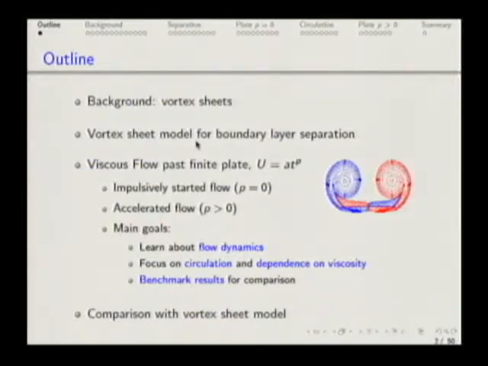That has not been computed in the literature with the detail at early times as we're doing it here. Then I'll study the dependence of the solution on viscosity, as well as getting some benchmark results to compare with the low-order models. I'll show a little bit of a comparison at the end.